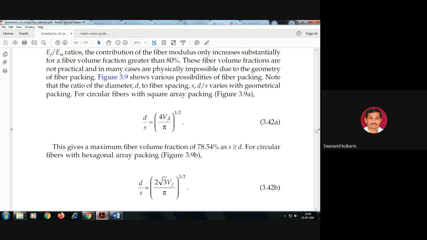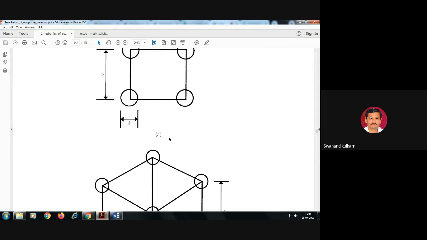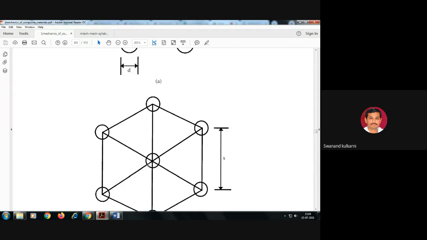How to calculate the volume fraction? If we know D and the space between two reinforcement particles, then we can calculate the volume fraction. This is true for circular fibers. Is it okay? Then suppose this is a hexagonal structure.